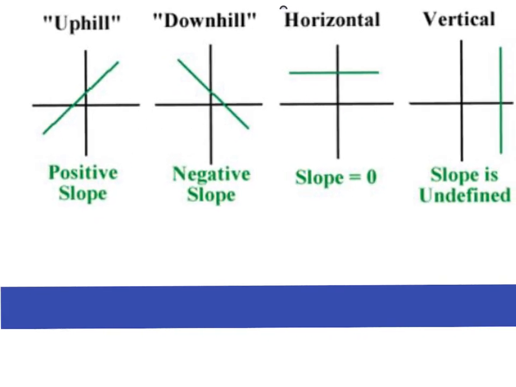The first type of slope is what we call a positive slope, because from left to right, it's going uphill. From left to right, just like you read from left to right. The leftmost point that I can see going uphill, that's positive.